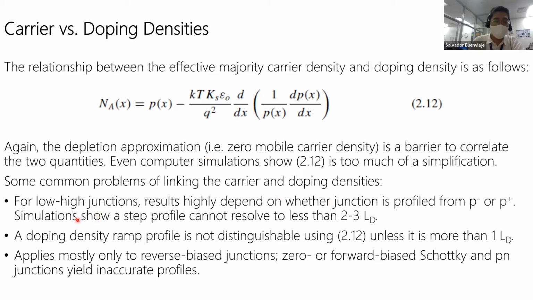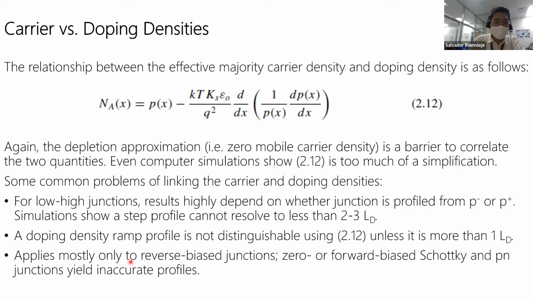For example, for low-high junctions, the results highly depend on whether the junction is profiled from the P negative or P positive side. A step simulation shows that a step profile cannot be resolved when the distance is less than 2 to 3 Debye lengths, LD. A doping density ramp profile is not distinguishable using 2.12 unless it is more than 1 Debye length.